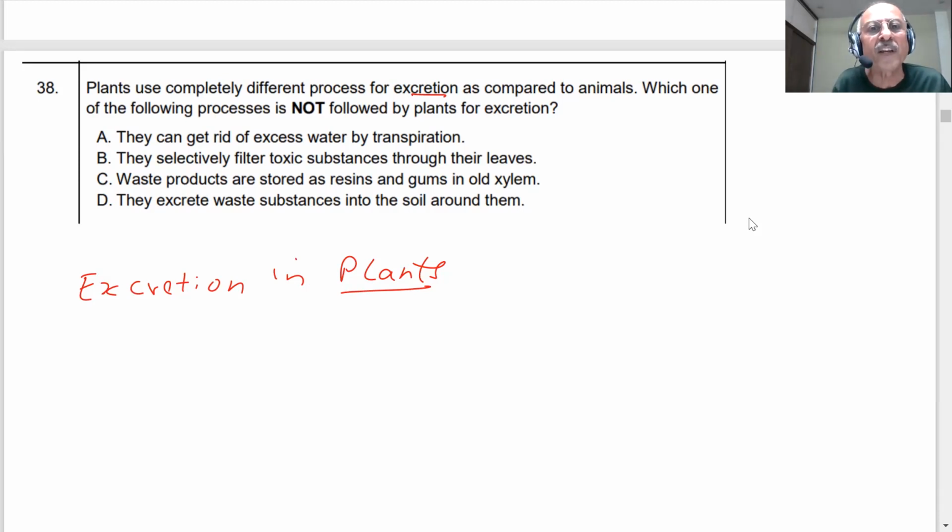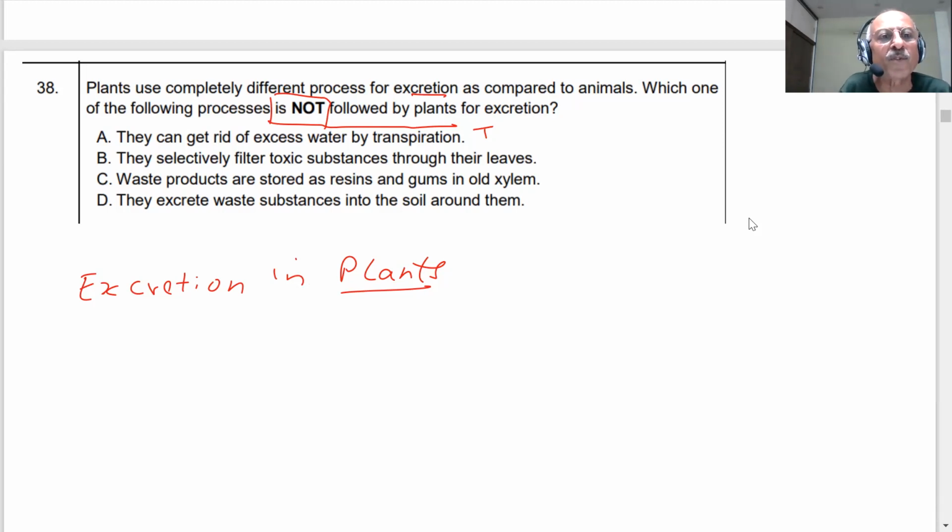Which one of the following is not a process followed by plants? Note, be sure that you read the question, each and every word, each and every line. First, they can get rid of excess water by transpiration. This is true. They selectively filter toxic substances through the leaves. Is it correct? What happens in the leaves of the plant, student? The leaves have the green pigment chlorophyll. They are manufacturing food there.